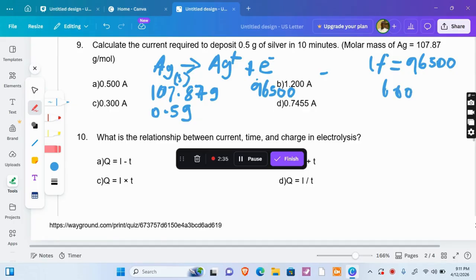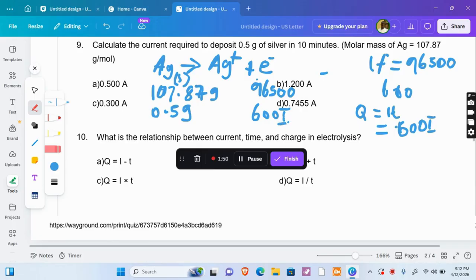But remember, quantity of charge is equal to current times time, Q = It. We know T, but we don't know I, which is current. So our quantity of charge is 600 times I, which is 600I.